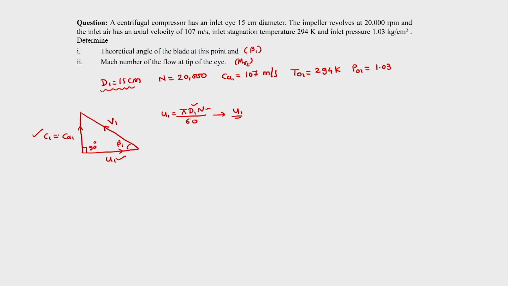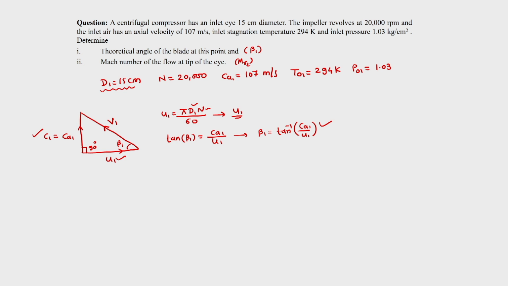So we can find out beta, which says that tan of beta 1 is equal to CA1 divided by U1. So beta 1 is equal to tan inverse of CA1 upon U1. So we know the first point, which is the theoretical angle of the blade at the inlet, at the entry.